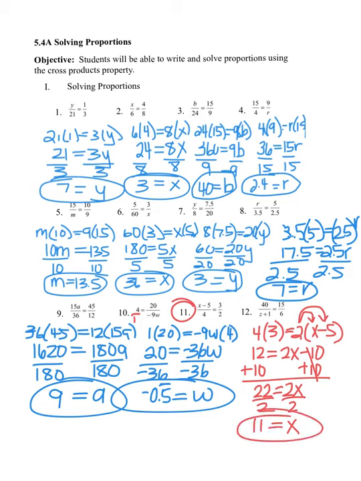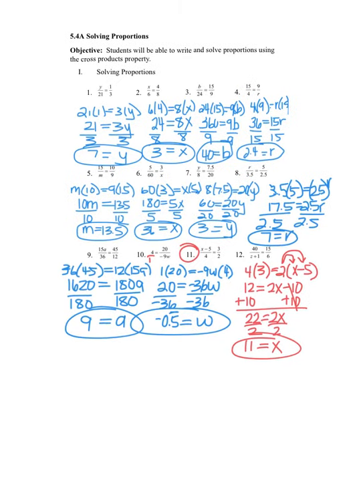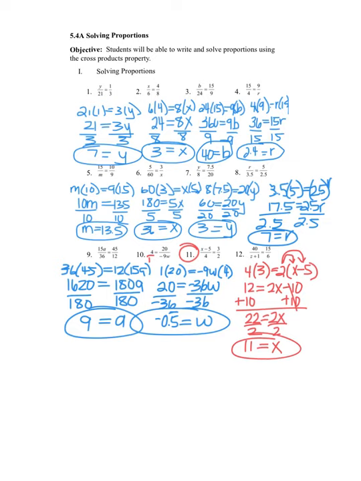All right, one last question here, and I'm going to try to fit this in. What I'm going to do is make this smaller and see if this works. The last one I'm going to do in green, okay, number 12. I'm going to treat it the exact same way. So I have z plus 1. I'm putting it in parentheses because that entire quantity needs to be multiplied by 15.